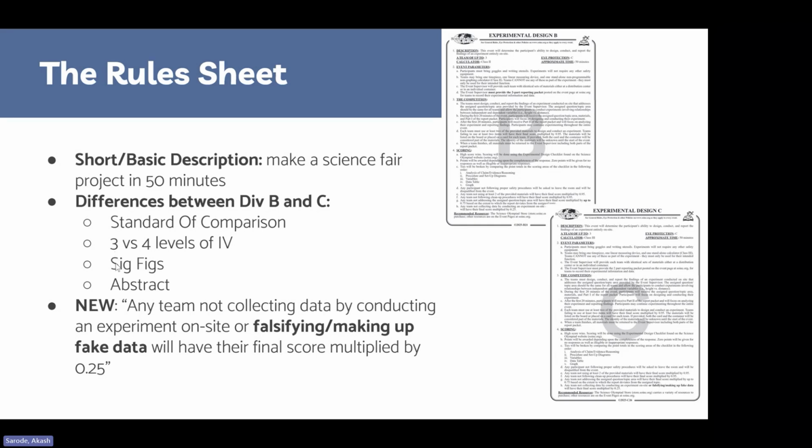And in Div C, they care about sig figs, and in Division B, they don't. And in Div C, you have to fill out an abstract, whereas you don't need to do that in Div B. So yeah, the biggest part of this event is adhering to the rubric as well as possible.